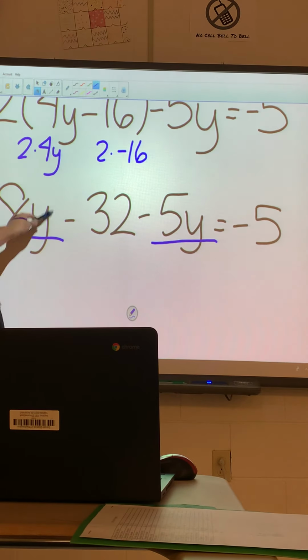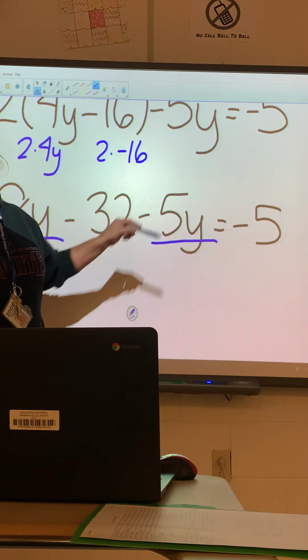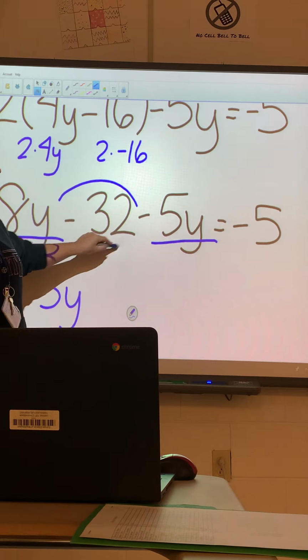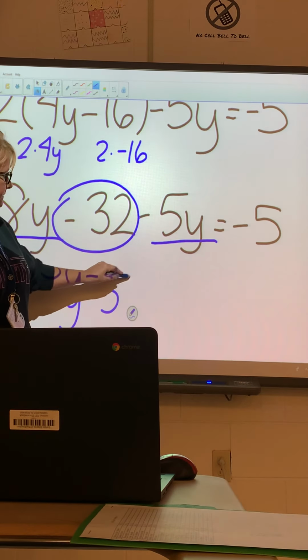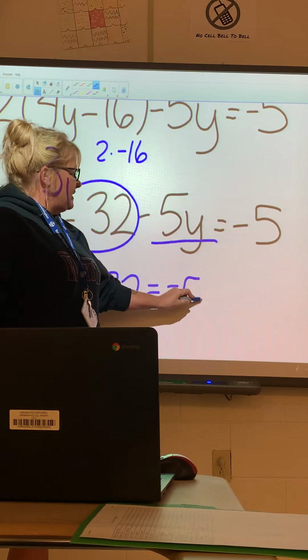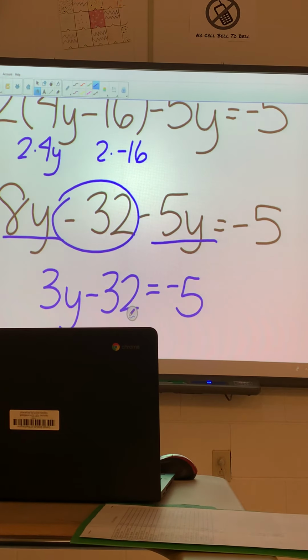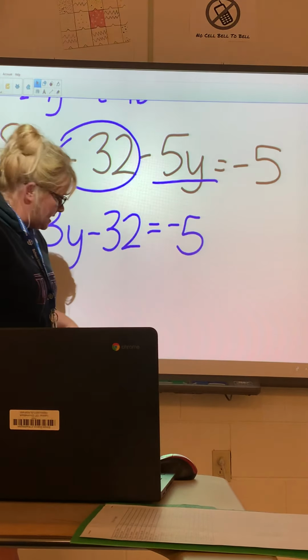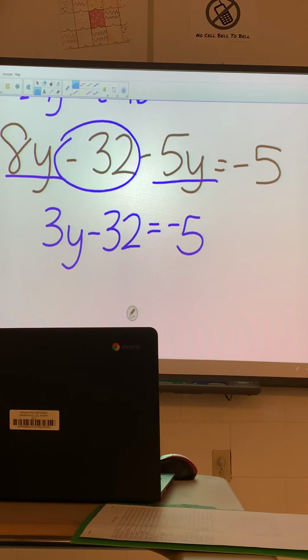So now I have 8y and 5 negative y's. Altogether, we have 3 y's. I still have this negative 32 in here, or minus 32, and equals negative 5. So each step is getting a little further to getting that y by itself. Now that they're all combined, I do the inverse.